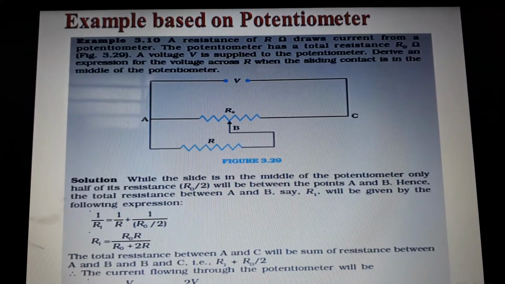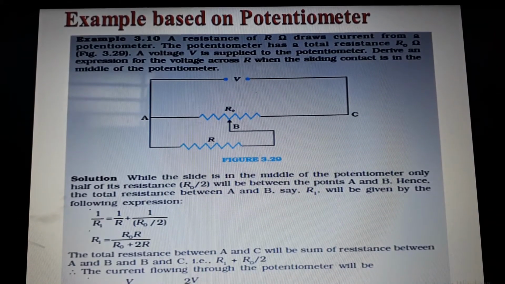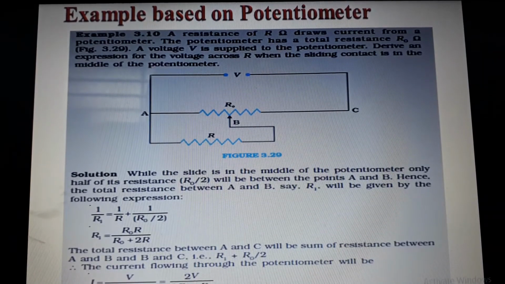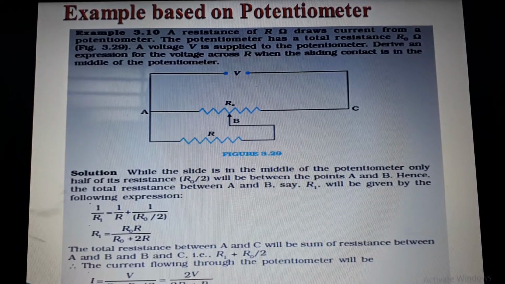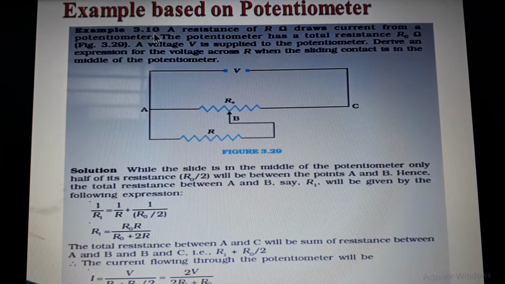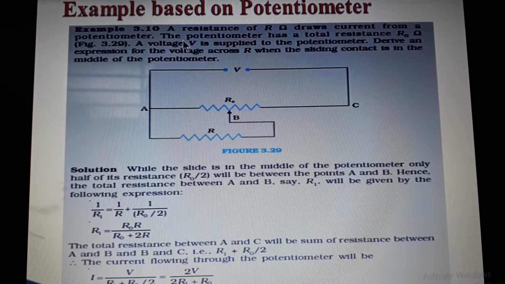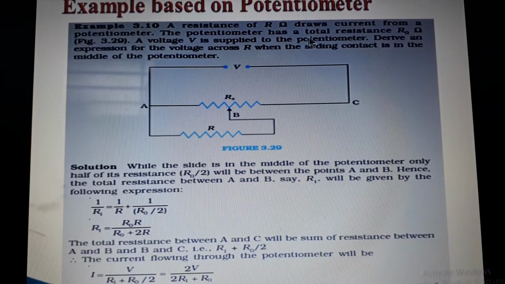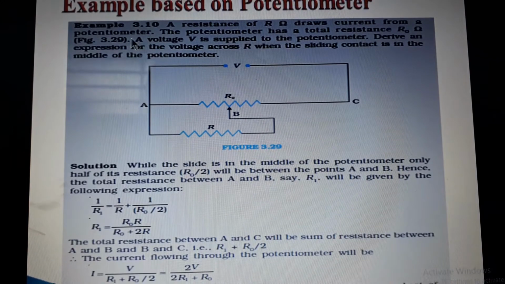Okay, now this is one example based on the potentiometer. First of all, just understand what the example wants to say. This example 3.10 is taken from the textbook. A resistance of R ohm draws current from a potentiometer.